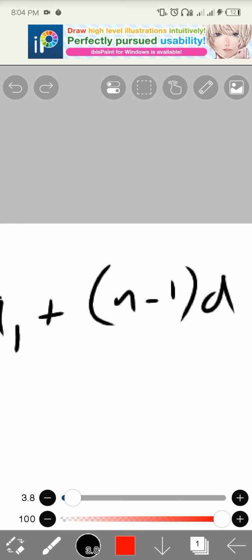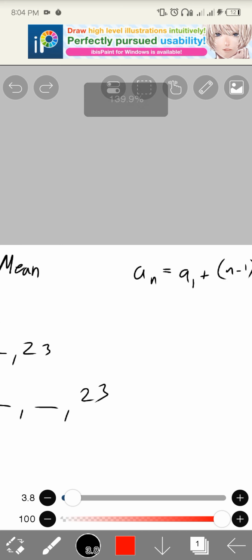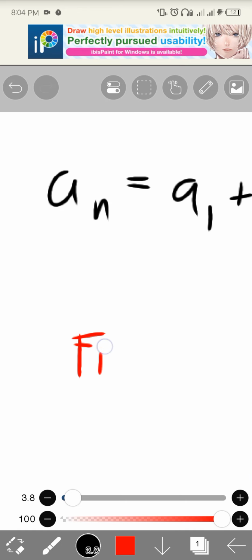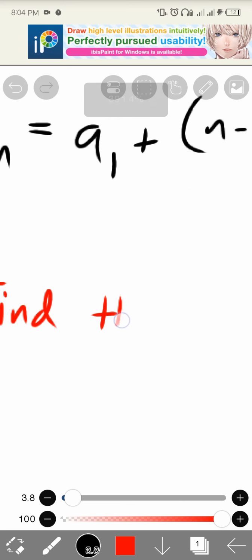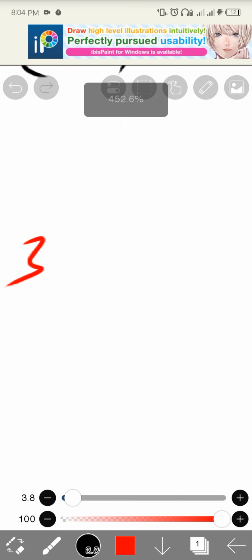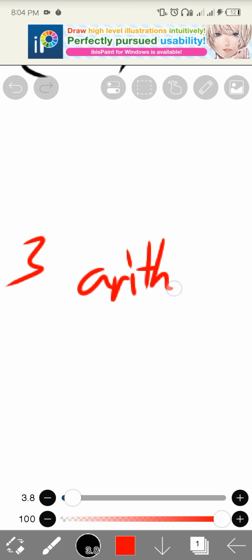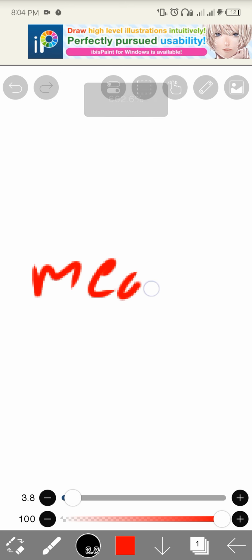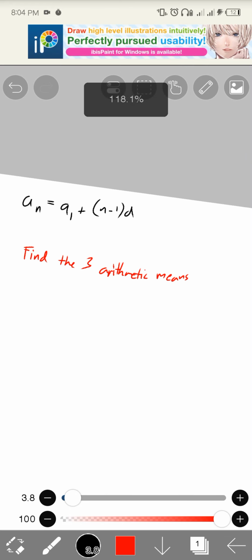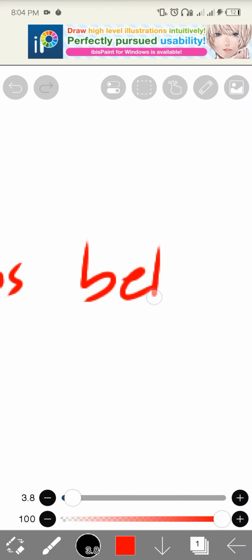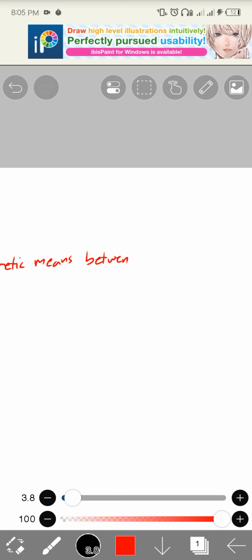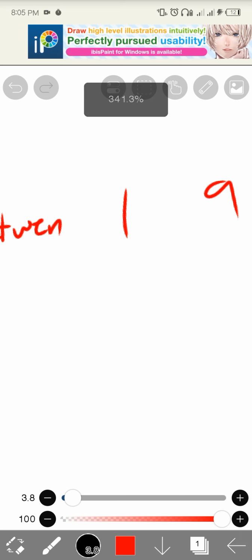So, to keep it simple, let's say, for example, it asks us, find the 3 arithmetic means between, what do I put here? What about 1 and 9? No? 1 and 9.